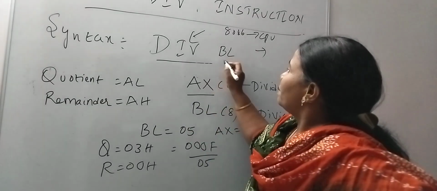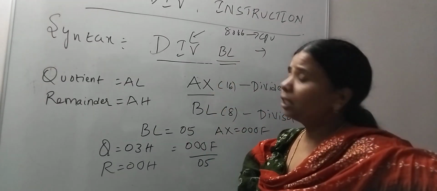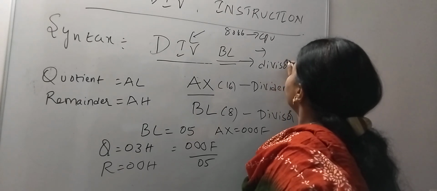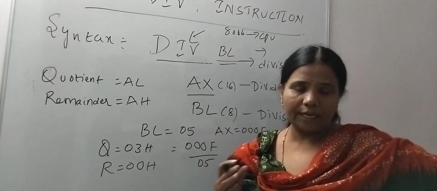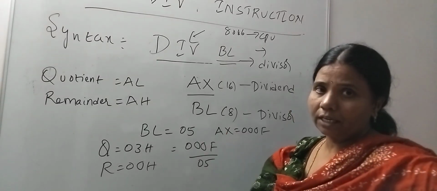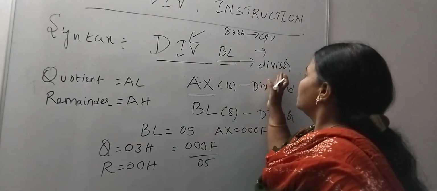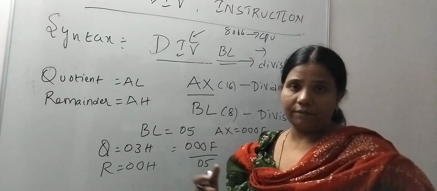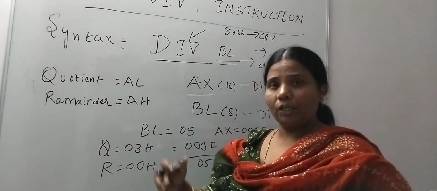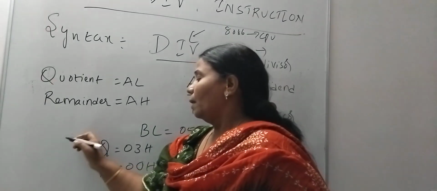Whatever operand you are using in the DIV instruction will be taken as the divisor. This operand can be 8-bit or 16-bit. First we will discuss the 8-bit and next we will get into the 16-bit. Whenever you want to do a division, you already know that the numerator is divided by the denominator.